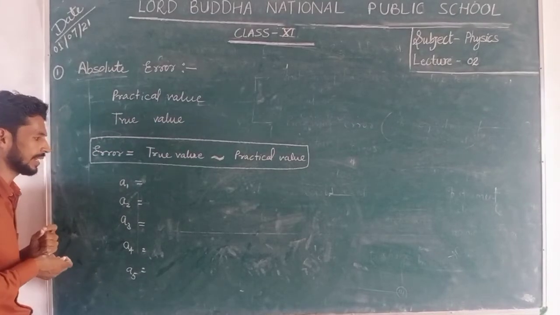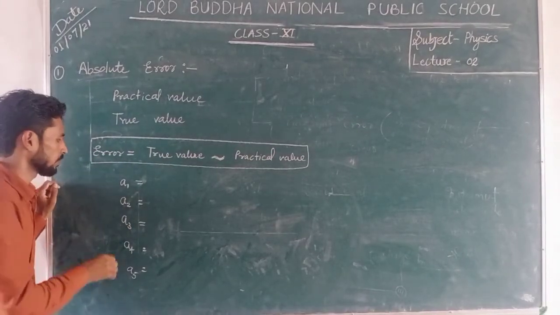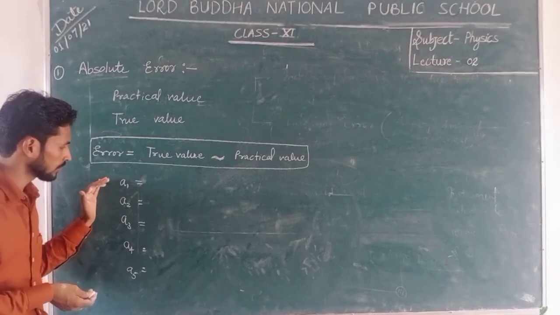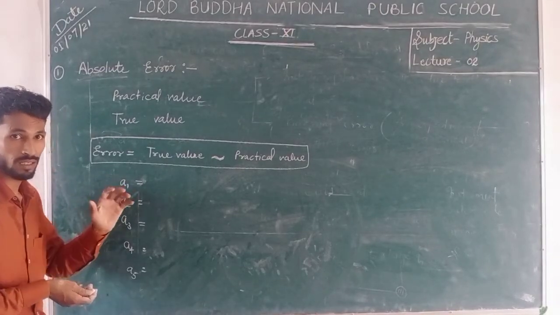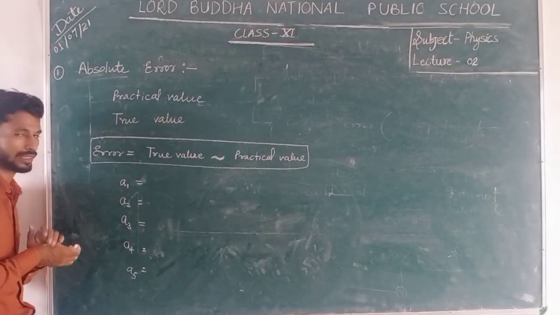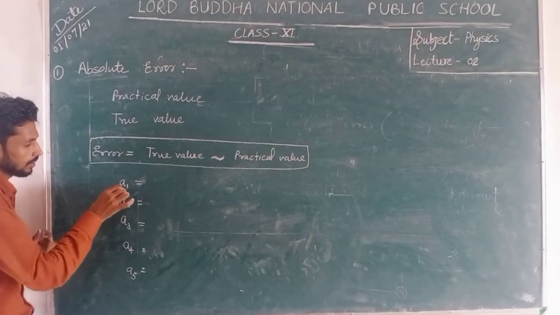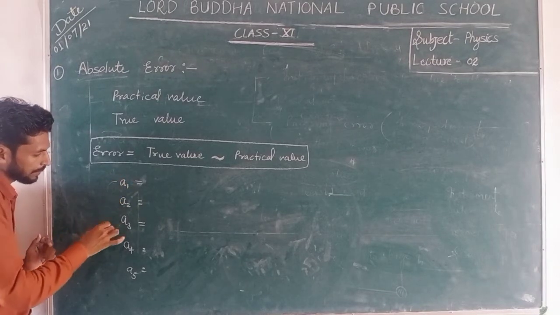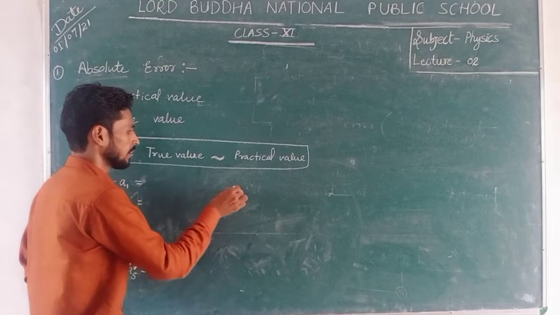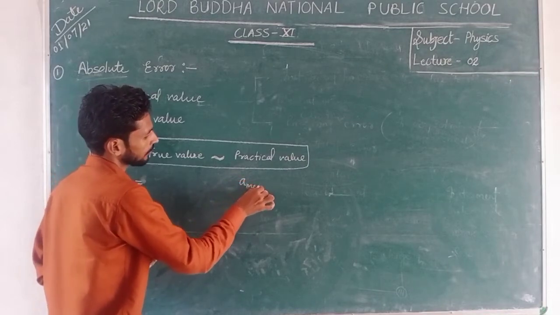So we can say that suppose there are 5 different students, and they have their measured values, that is the practical values. Then the first work is to calculate the mean value. Suppose there is a mean.